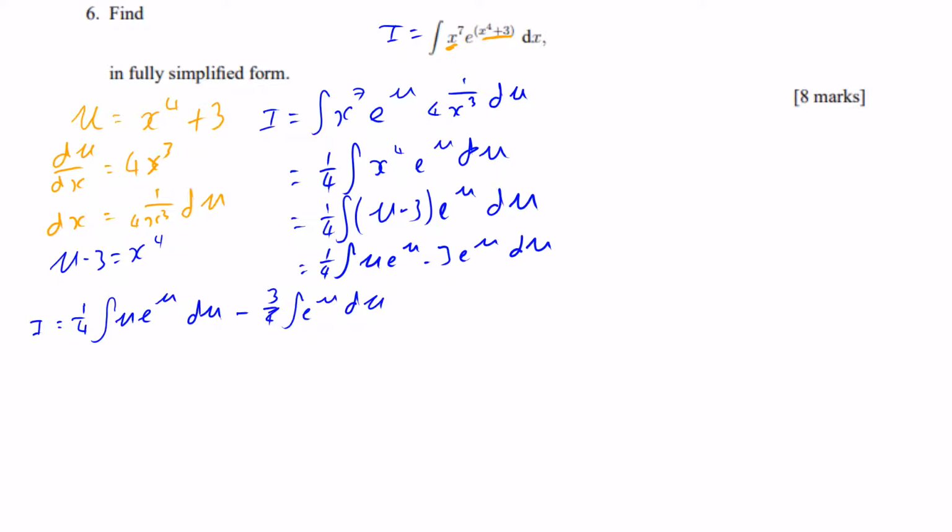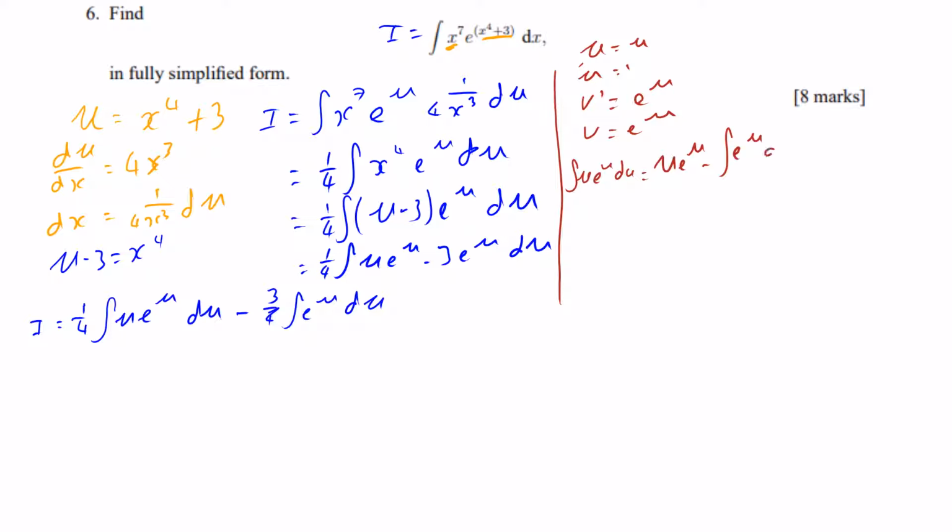here we've got the integral of u e to the u, which we can do using integration by parts. So if we let u equals u, u prime equals 1, and v prime equals e to the u, v equals e to the u, we have that the integral of u e to the u du is equal to uv, so u e to the u minus the integral of v u prime, which is e to the u du.